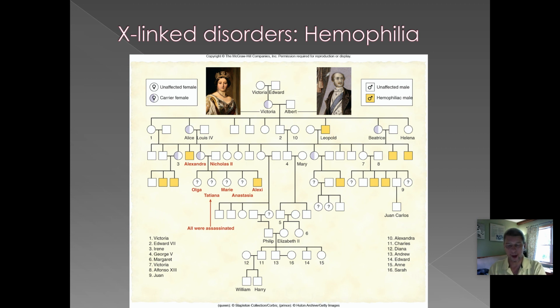And she probably got the allele through either a spontaneous mutation or possibly she was illegitimate. It is possible that her mother cheated on her father, the king. So maybe this Victoria, not Queen Victoria, but her mother actually either cheated on King Edward or Victoria developed the mutation spontaneously.